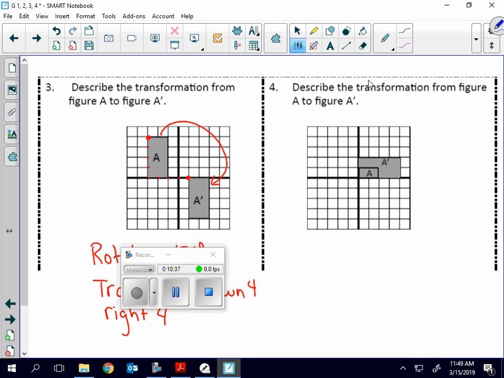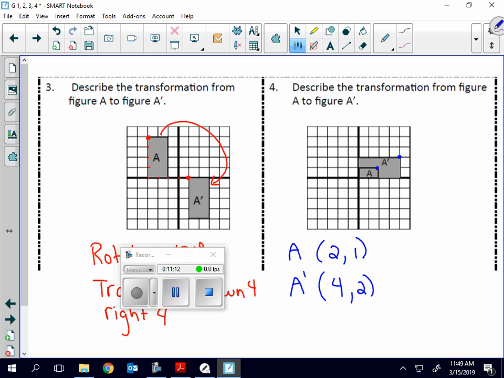So if we find a point on A, maybe this one, that corner, find the corresponding corner on A prime, it would be this one. All right, let's read the two coordinates. We have the first one, A, is 2, 1. And that same coordinate on A prime is at 4, 2.